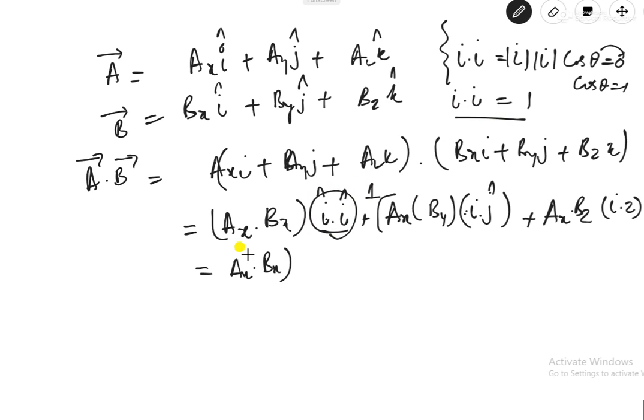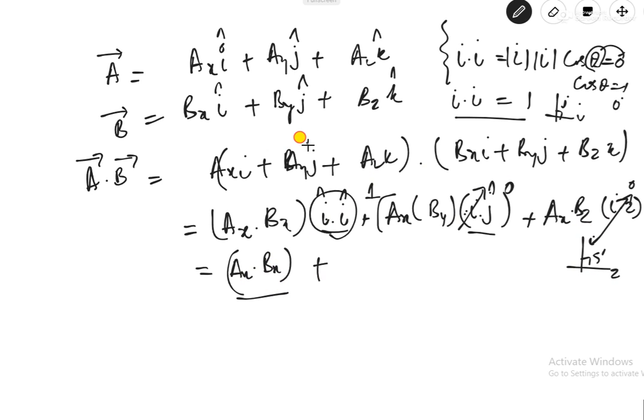So i dot j is again zero, because these are two perpendicular vectors, j and i. The angle is 90 degrees, so cos 90 is 0. So this becomes 0, as well as this becomes 0 because i and k are again perpendicular to each other, 90 degrees. So we are left with only AX and BX. Similarly AY and BY, because j into j is 1, other factors will be 0.